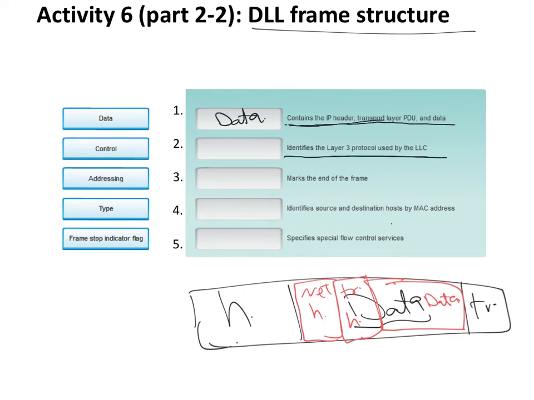It identifies the layer 3 protocol used by the logical link control. This is the type field. Marks the end of the frame. This is the frame stop indicator. Identifies source and destination host. This is addressing.